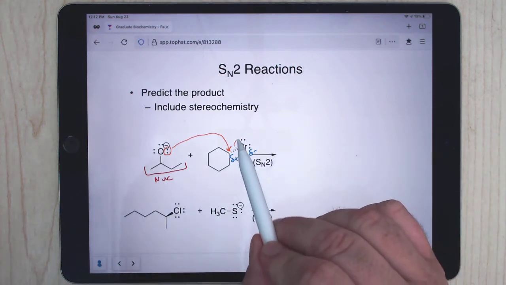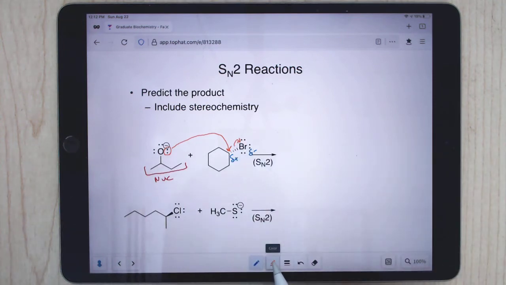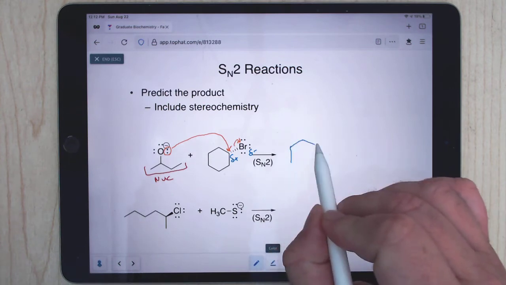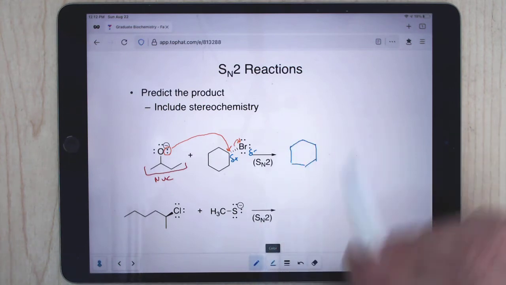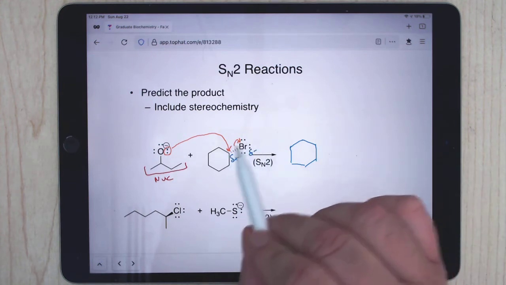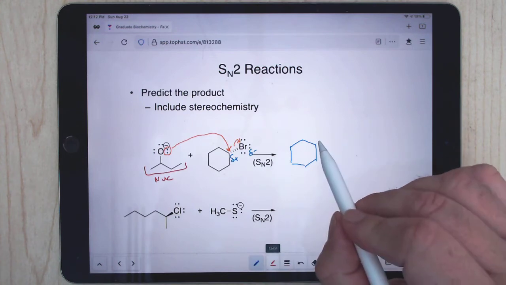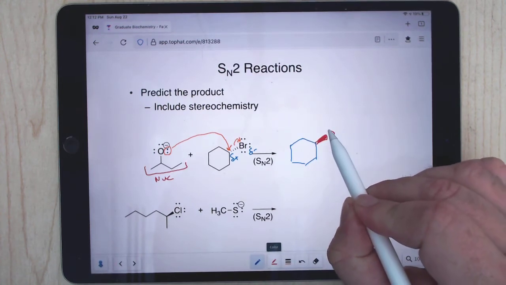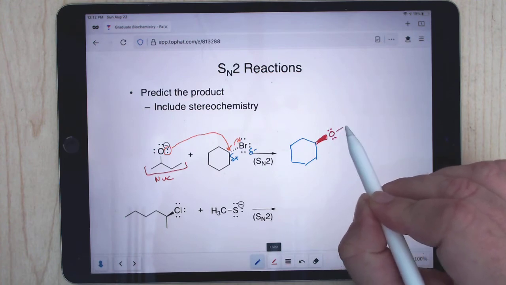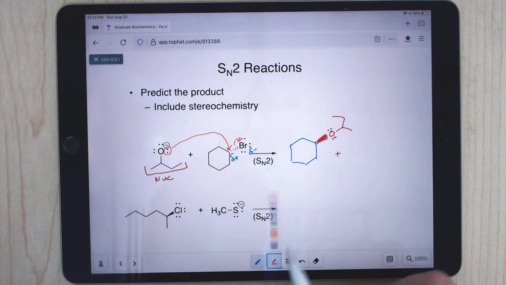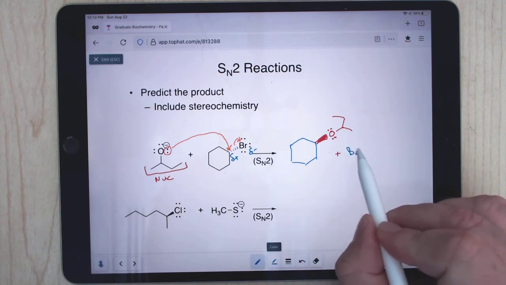And so when that pushes away, what you're going to get is the nucleophile. Because the leaving group is on a dash, your nucleophile is going to be on a wedge, plus Br minus.